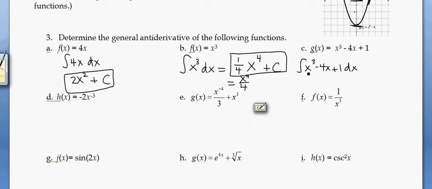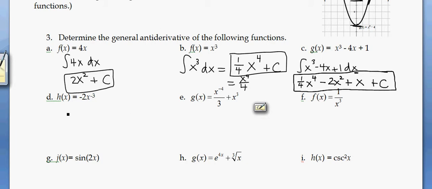So the antiderivative of this polynomial will be the antiderivative of the first term, which we already know is 1/4 x to the 4th, minus the antiderivative of 4x, which we already know is 2x squared, plus the antiderivative of 1, which we haven't done yet. So what function, with respect to x, has a derivative of just 1? That's just going to be x. And then again, we always remember our plus c to make it a general antiderivative.